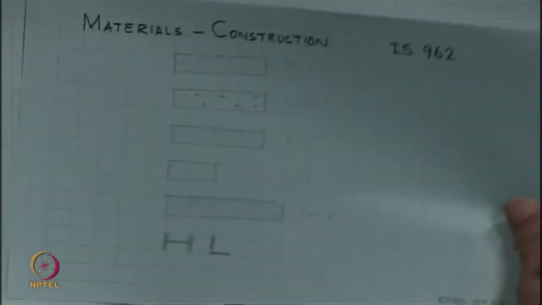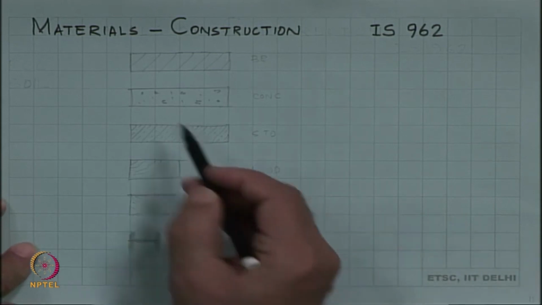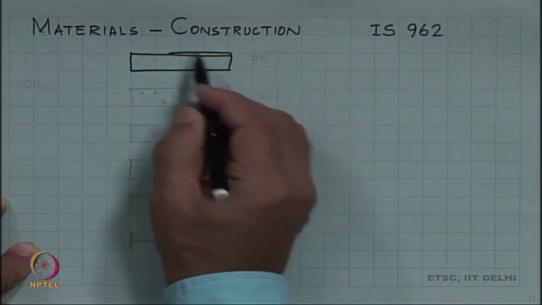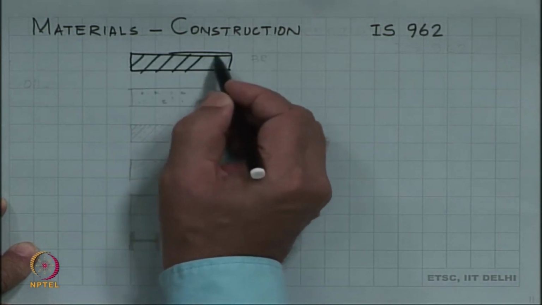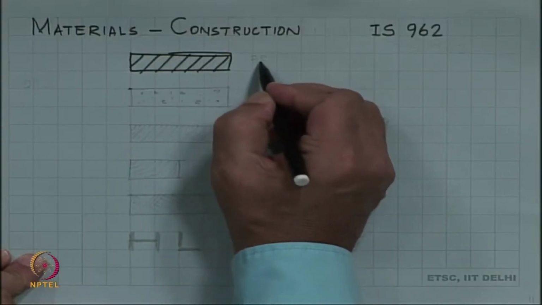A quick note on various materials that are used in buildings and construction. The symbol with dashed lines there, this design shown here, it tells you that this is a brick construction.